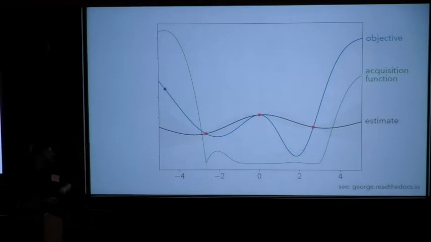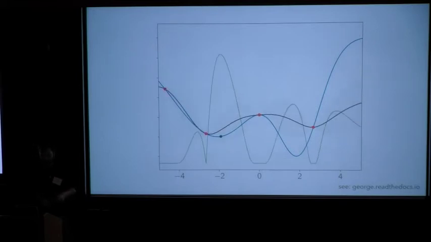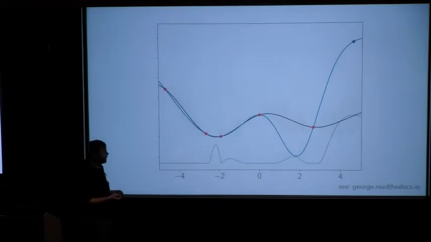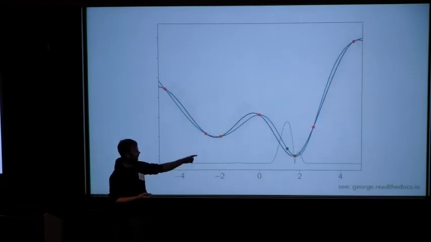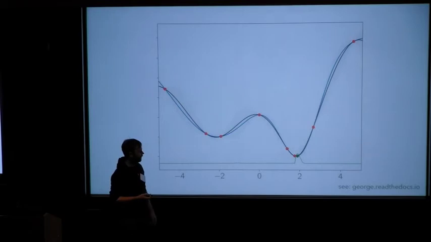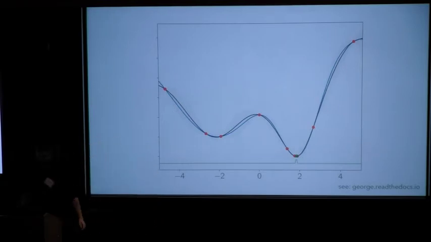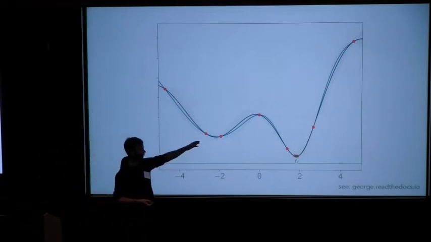So here it's up over there. And then you improve your estimate for the model, and you iterate this a few times. And you'll see that we very quickly find the mode that we're looking for right here. And we've optimized our function with only 10 model evaluations, and we didn't get stuck in this local minimum.